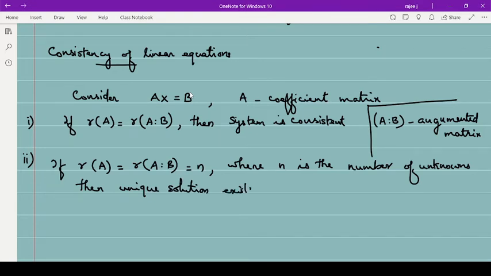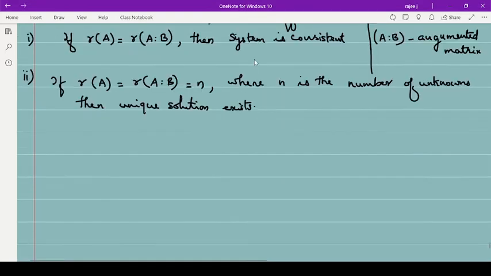Unique solution means, suppose I have x plus y equal to 0. Then I can have infinite values: x equal to minus 2, y plus 2; x minus 3, y plus 3; x minus half, y plus half; x plus half, y minus half. So I have infinite number of values.